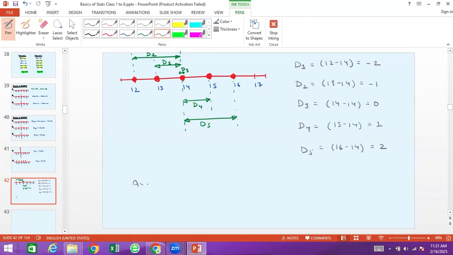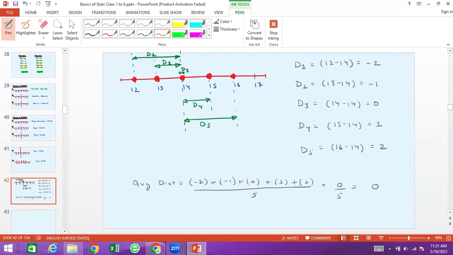So my average distance is minus 2 plus minus 1 plus 0 plus 1 plus 2, the whole thing divided by 5, which will be 0 by 5, which is 0.